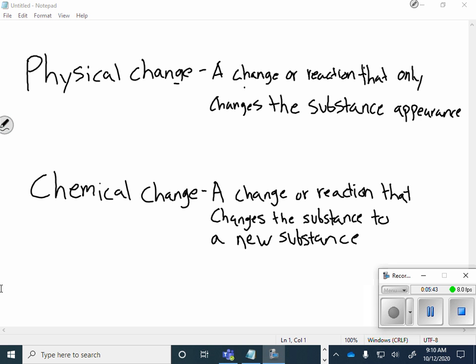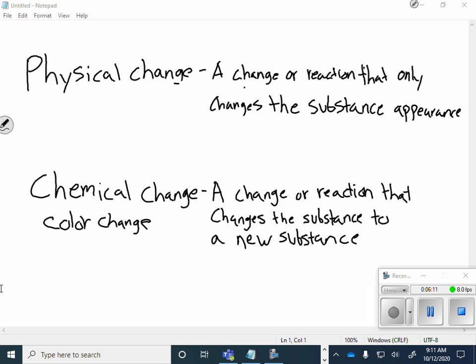A couple of indications that we had a chemical change. Now these aren't 100%, but these are good indications. If you have a color change, a lot of the time you probably had a chemical reaction. The exception to that is when you draw on a piece of paper. That is a physical change.